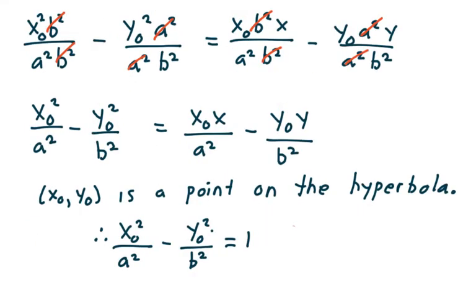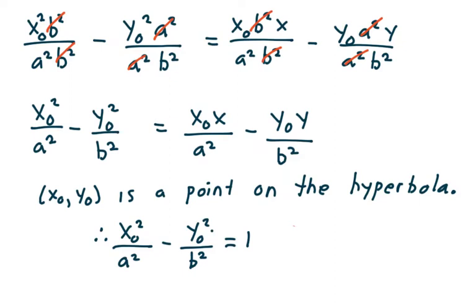I get x naught b squared divided by a squared b squared. I'm just splitting the fraction. Minus y naught a squared over a squared b squared is the same as x naught b squared times x divided by a squared b squared minus y naught a squared times y divided by a squared b squared.